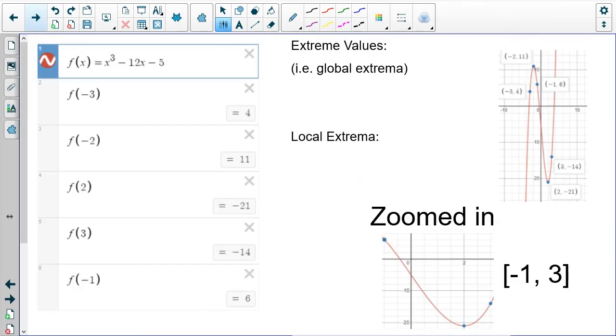But if I take a look at the new window from -1 to 3, that adds in another value. So at -1, we have 6. So that value is right here on the graph. And when I zoom in here, this is what the graph looks like.